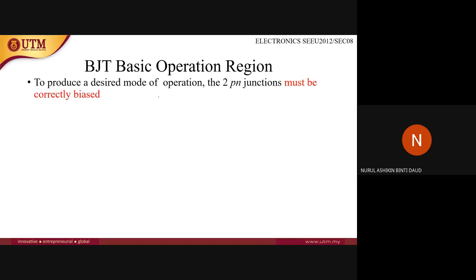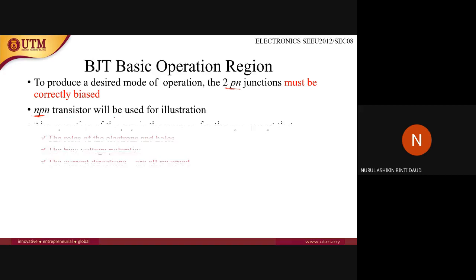Let's look at the BJT basic operation. To produce a desired mode of operation, the BJT, which is a combination of two PN junctions, must be correctly biased; it cannot be wrongly biased. Let's say we are using the NPN transistor, as we always do for illustration.